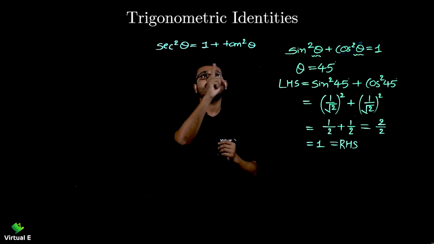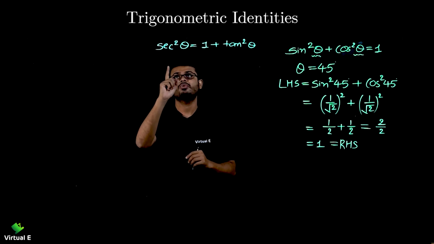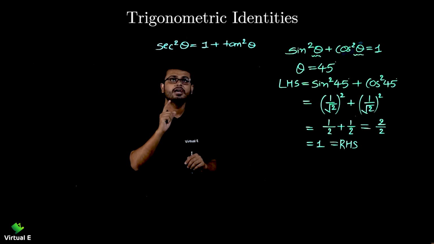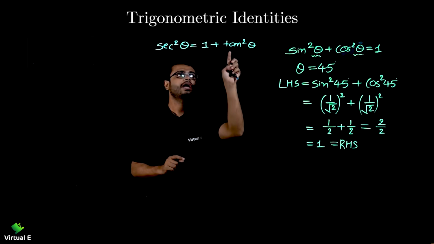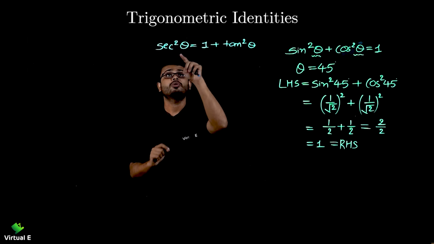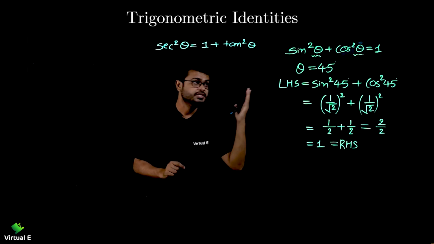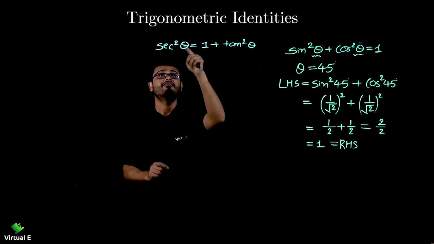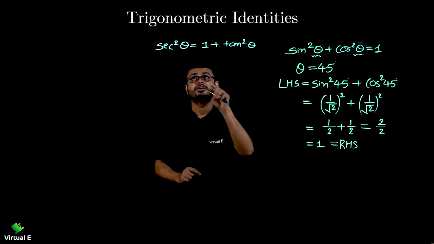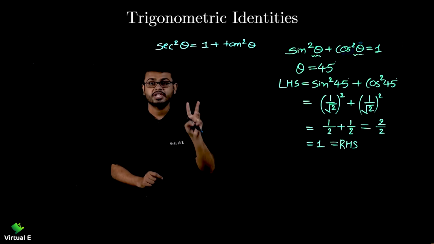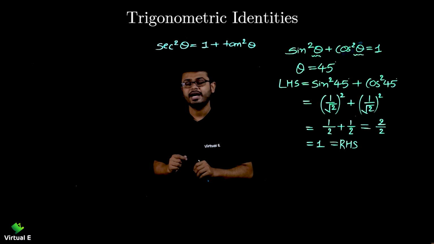Here we have 1 plus tan square theta and on the LHS only sec square theta. Here also there are two trigonometric ratios, sec theta and tan theta. Then observe that it is squared, same as the previous one, and the value of angle theta is here and here as well. So again the condition is the same angle, only then can I apply the identity.